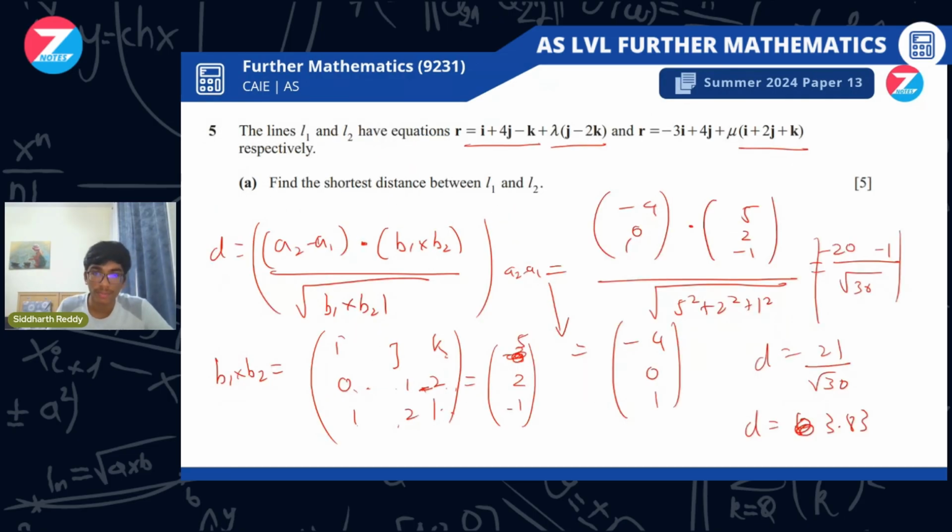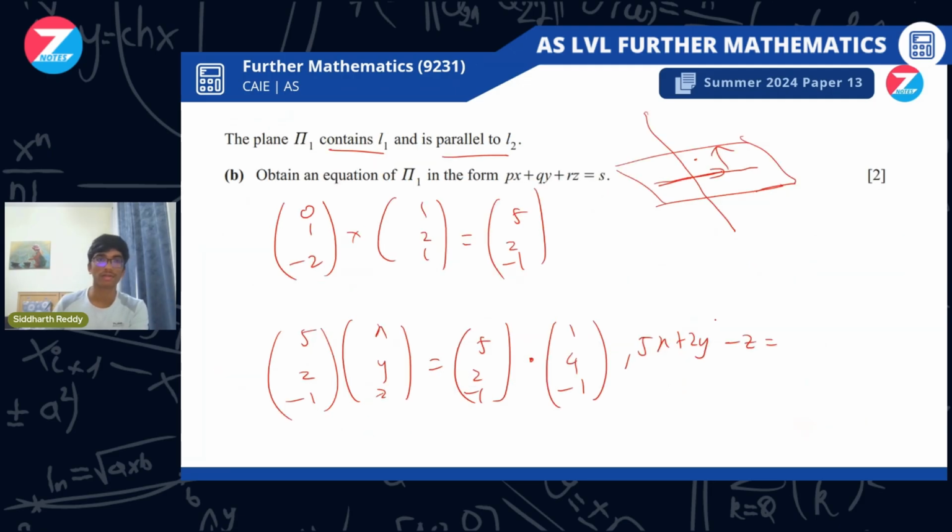No, this should be minus 2 also. Minus 2 minus 1. Yeah, it's because I forgot to put this minus sign here. Okay, so it's 5 minus 2 minus 1. It doesn't change the previous answer because when you square everything, it automatically gets positive. Okay, 0, 1, minus 2. 5, minus 2, minus 1.